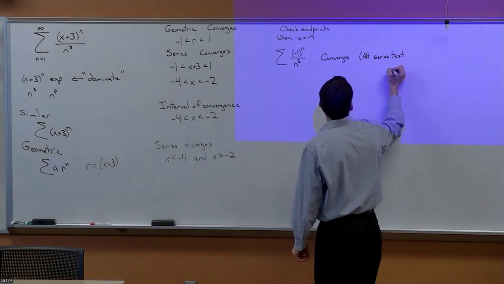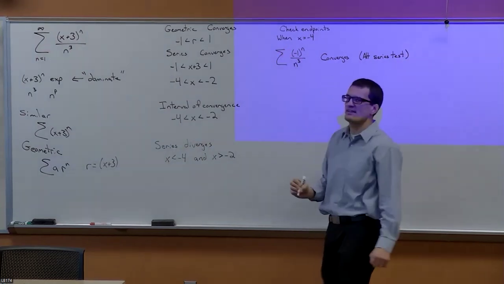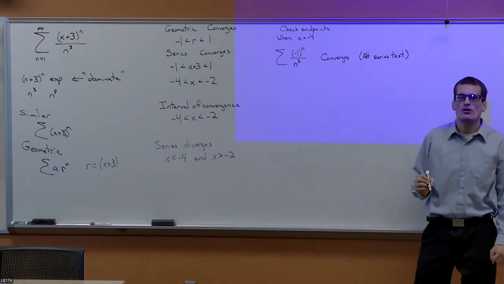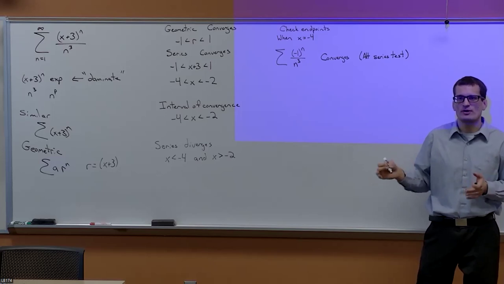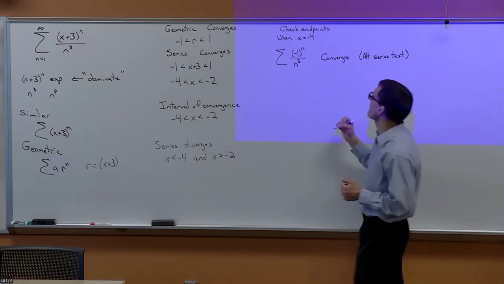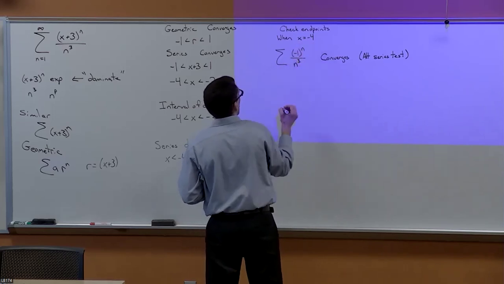In other words, 1 over n to the third is going to 0, and it's decreasing towards 0. So the series converges when x is -4.